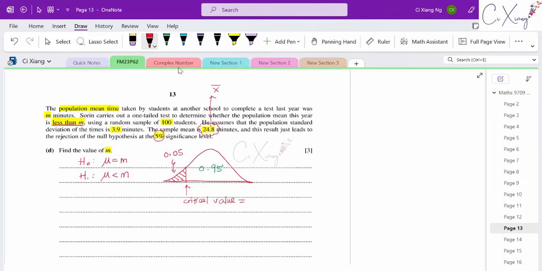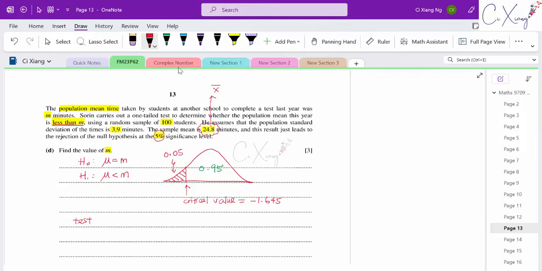How do I know it's negative? Because according to the diagram, the rejection region is on the left. So for this Z diagram, the critical value should be a negative value, negative 1.645.